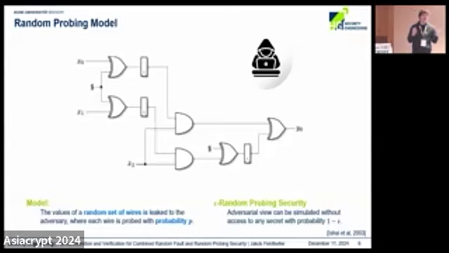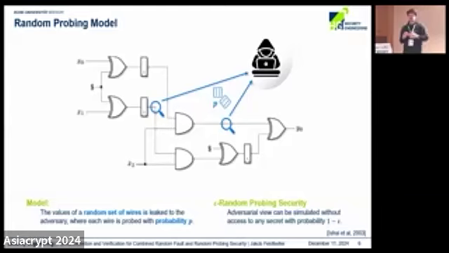And this is basically similar to the threshold probing model, but instead of letting the adversary choose specific wires, we now have a distribution which says that each of the wires will leak its value with a probability p, and then we sample one of the wire combinations, of which we give the adversary all the values that are carried by the corresponding wires. And then we say that a circuit is epsilon random probing secure if the adversary's view can be simulated without access to any secret with a probability 1 minus epsilon. So epsilon is the probability that the adversary will gain some probe combination that leaks the secret.